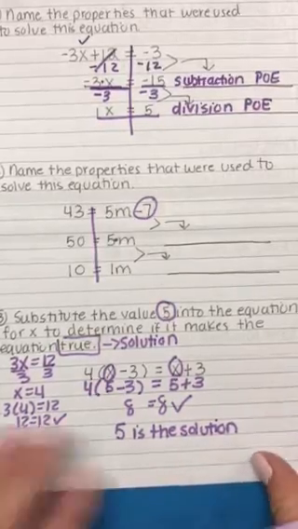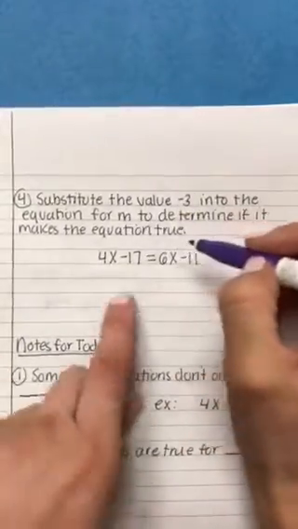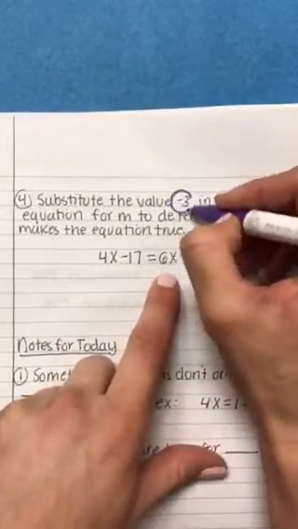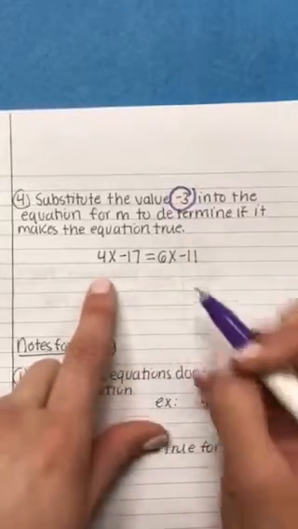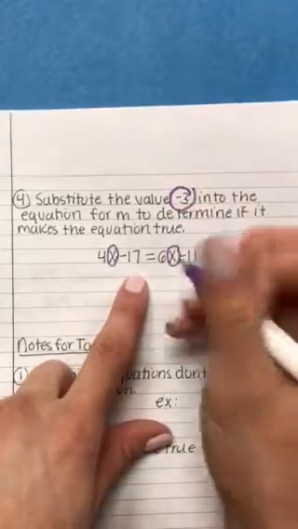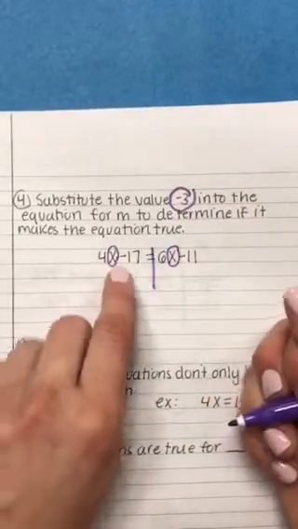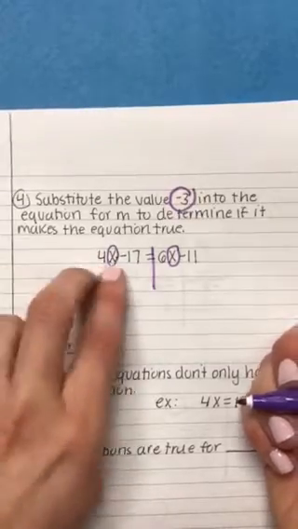All right. Now you are going to the back of this page, and you are going to do the same thing with this equation, except you're going to substitute the value negative 3. So here's our x that we are substituting for, and you want to make sure that you replace the x everywhere you see it.